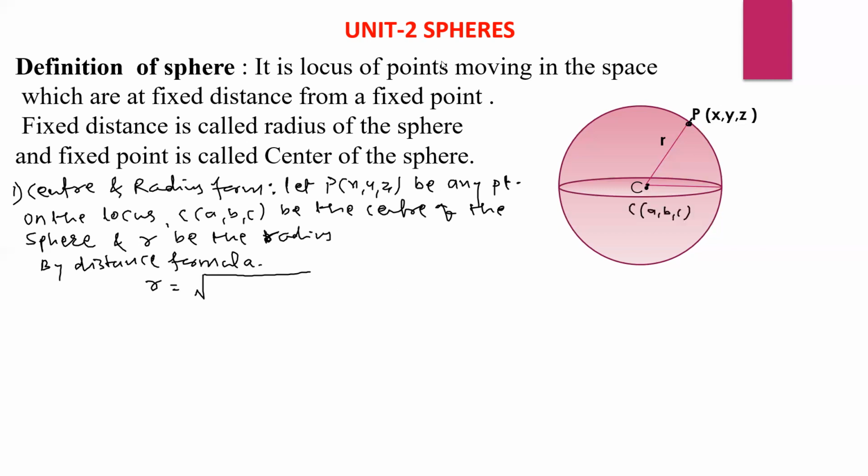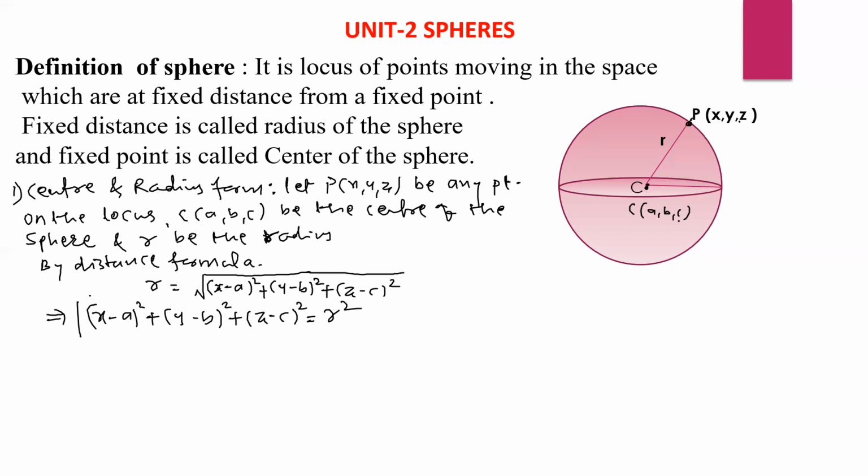Now apply the distance formula here, that is (x minus a) whole square, plus (y minus b) whole square, plus (z minus c) whole square. Now squaring both sides, we get (x minus a) whole square plus (y minus b) whole square plus (z minus c) whole square is equal to r square. Okay, so this is the center and radius form.